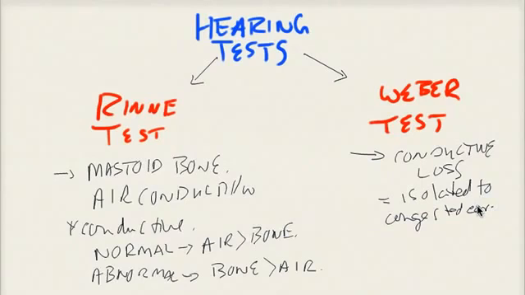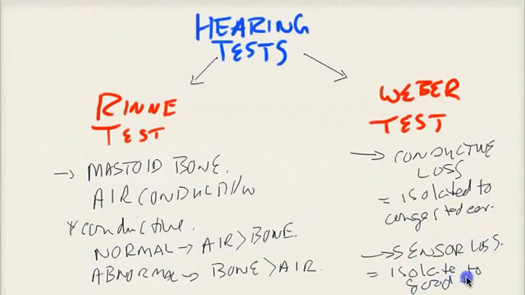So if we have an ear that is, let's say, full of fluid, in the Weber test, the vibration will isolate to that ear. Now, if we have a patient who has sensory neural hearing loss, the vibration will isolate to the good ear. So that's a look at your Weber and your Rinne test.